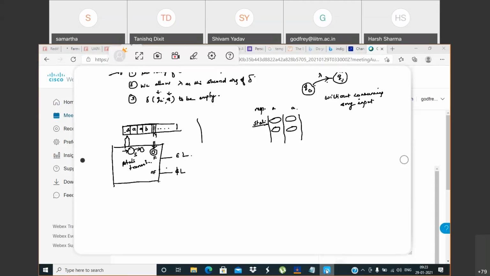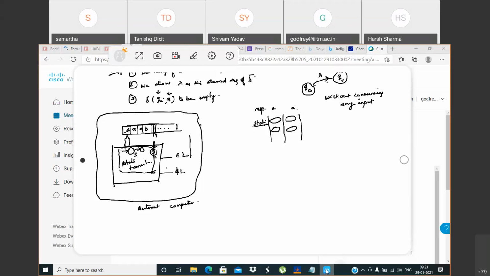So this is your automata, or this is your computer. The automata is placed within the control unit. It doesn't have any other memory like a stack or queue. It just remembers only one thing, which is the current state. So this is one simple model of a computer.